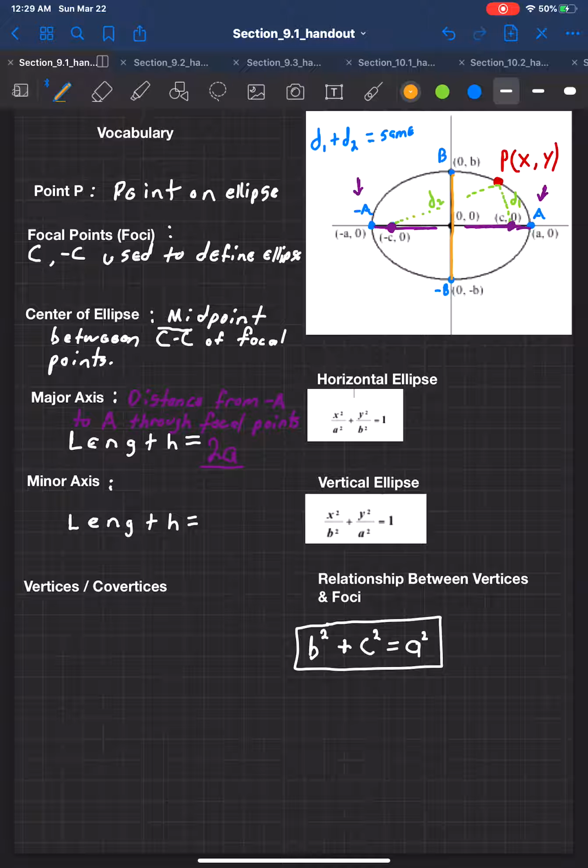But when I was in college, long ago, we would refer to B and negative B as co-vertices, whereas A and negative A would be vertices. But the minor axis is simply the length from negative B to B, again, but this time through the center.